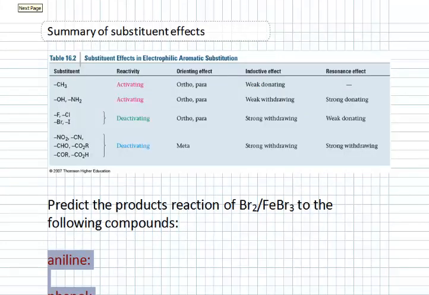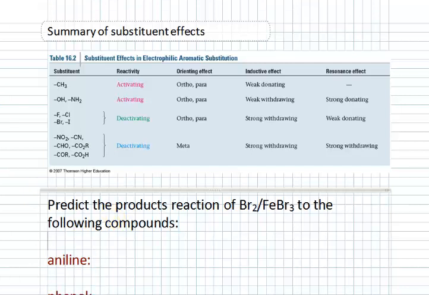So let's summarize or work with these directing groups. Activating groups could be alkyl or groups which donate their lone pairs in by resonance. They're both ortho-para. The inductive effect for the lone pair donation is not important. Resonance effect is important. Okay?